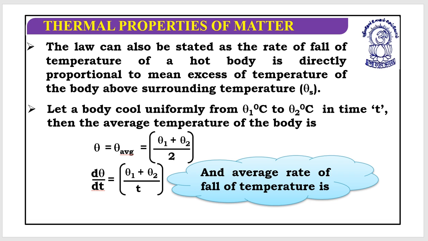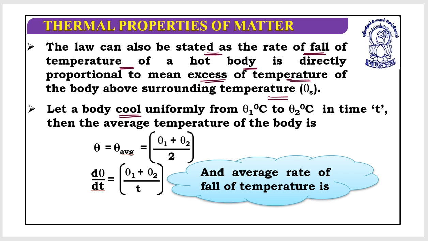So this law can also be stated as the rate of fall of temperature. As it is a rate of cooling, it could be represented as the rate of fall of temperature of a hot body, which is directly proportional to the mean excess of temperature of the body above the surroundings. When I say mean excess, what does it mean?